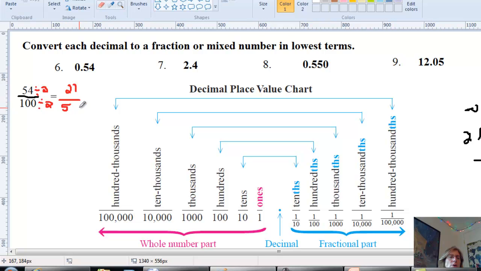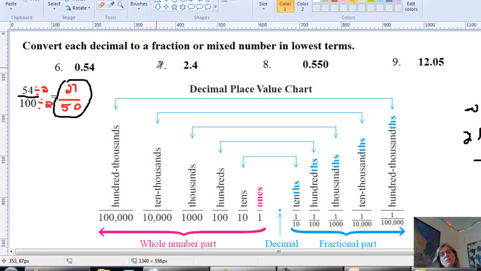We can take a quick look at divisibility rules, and 27 is divisible by 3, 9, 1, and 27. So 50 doesn't go into any of those numbers but 1. So we're done. That's reduced. So 0.54 as a fraction becomes 54 hundredths and then can be reduced to 27 fiftieths.